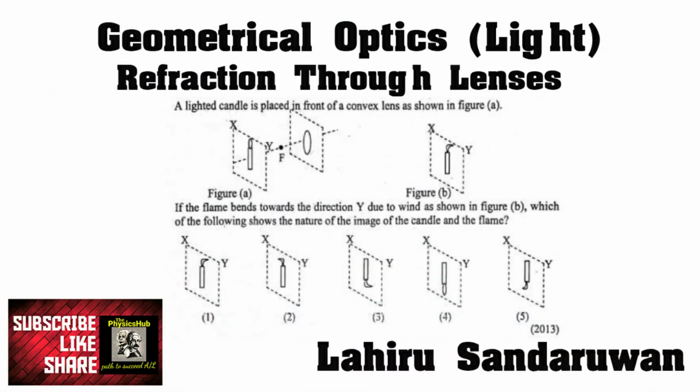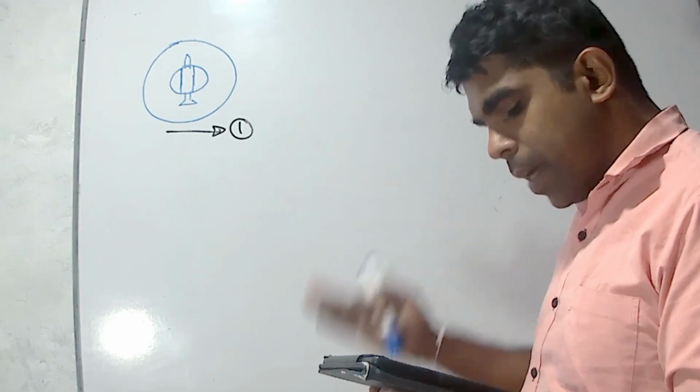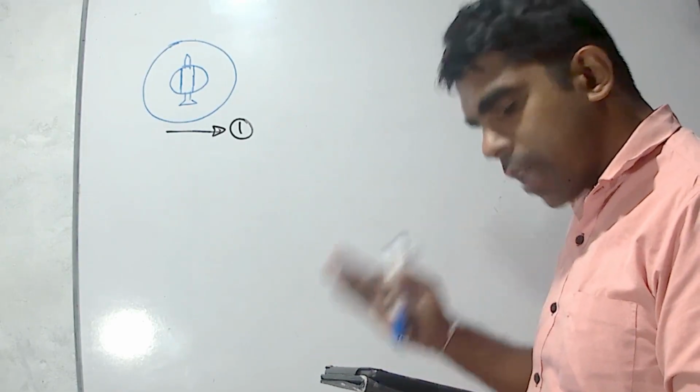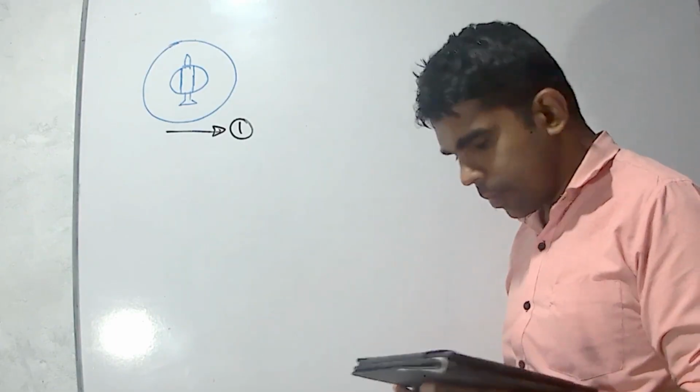A right candle is placed in front of a convex lens as shown in the figure. If the flame bends towards the direction Y due to wind as shown in the figure, which of the following shows the nature of the image of the candle and the flame? We know that the object is placed such that the object distance is greater than the focal length.